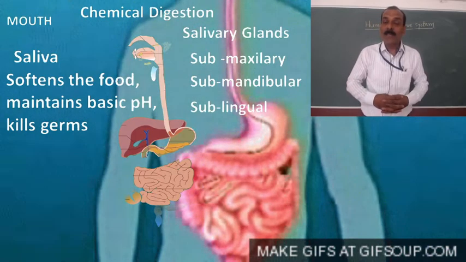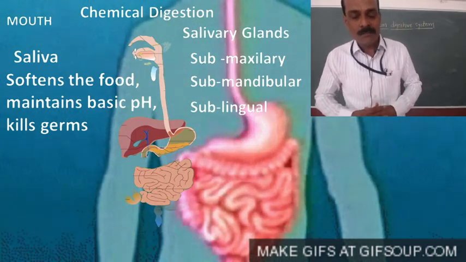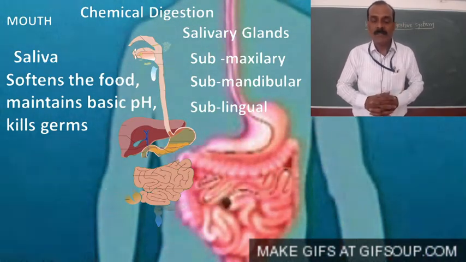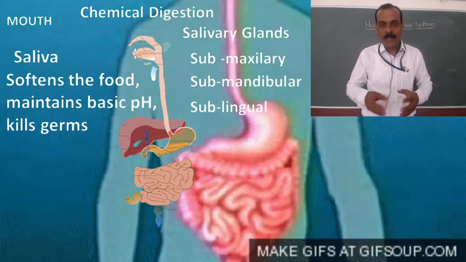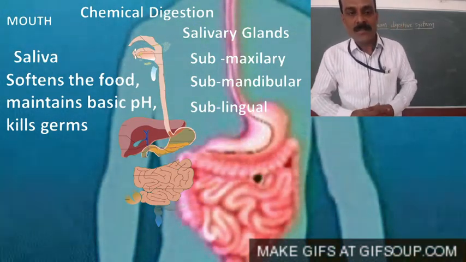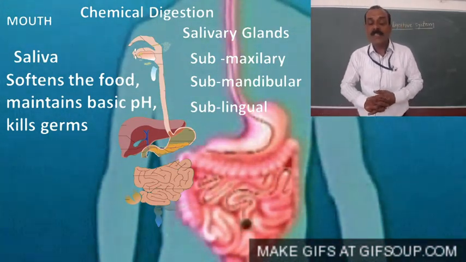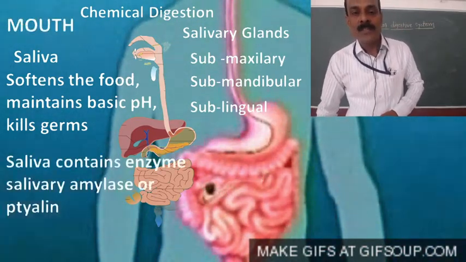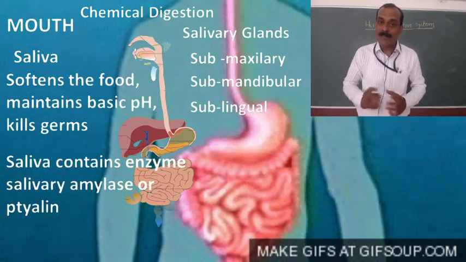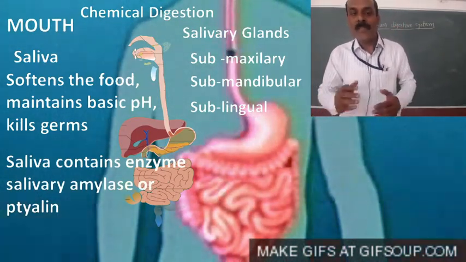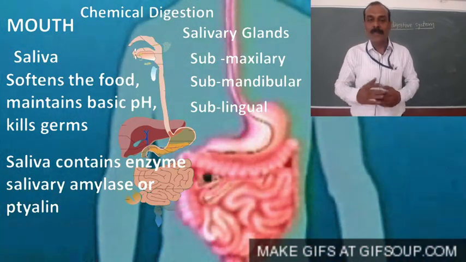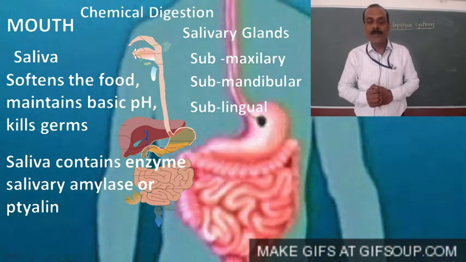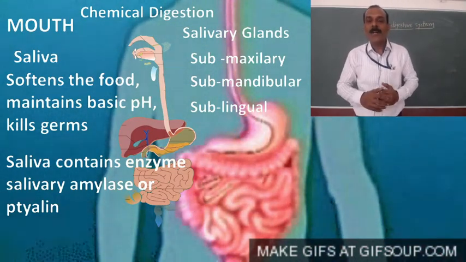Saliva also maintains the basic pH in our mouth, which is needed for the action of enzymes. If it were more acidic, our teeth would get damaged. And it kills germs. So the three functions are: it softens the food, maintains basic pH, and kills germs. Saliva also contains an enzyme known as salivary amylase or ptyalin.